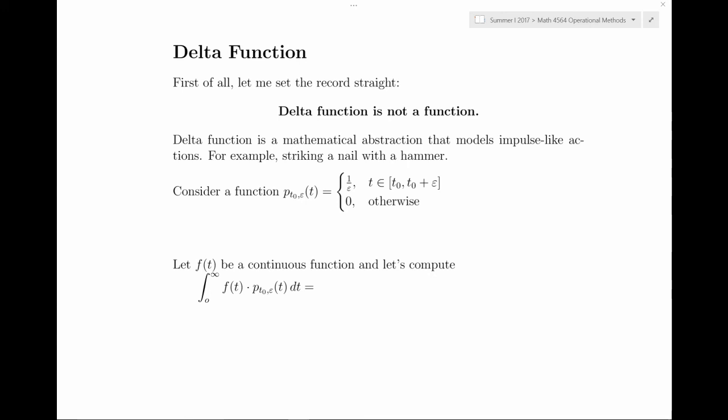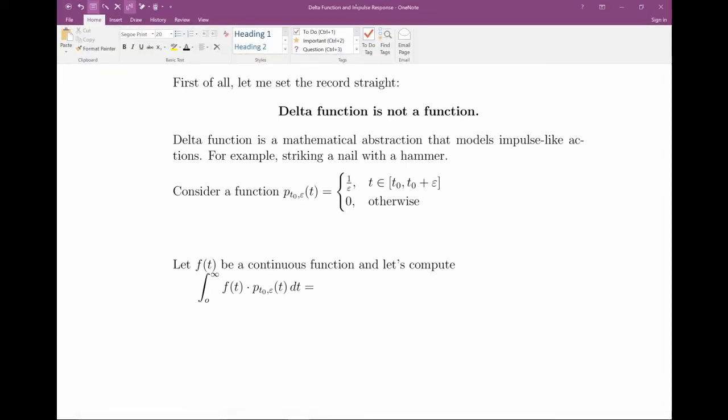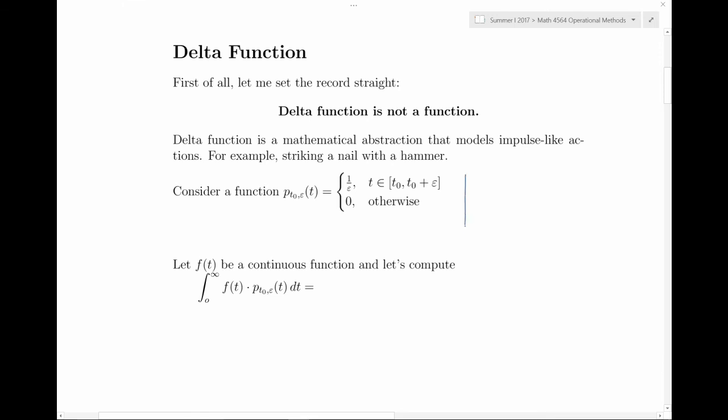To get to the delta function, let's consider a function that is a good approximation of a hammer-like action. I define the function that I call p t naught epsilon.